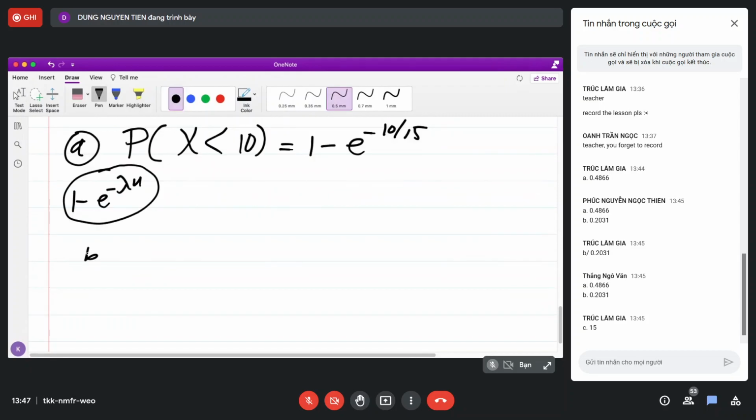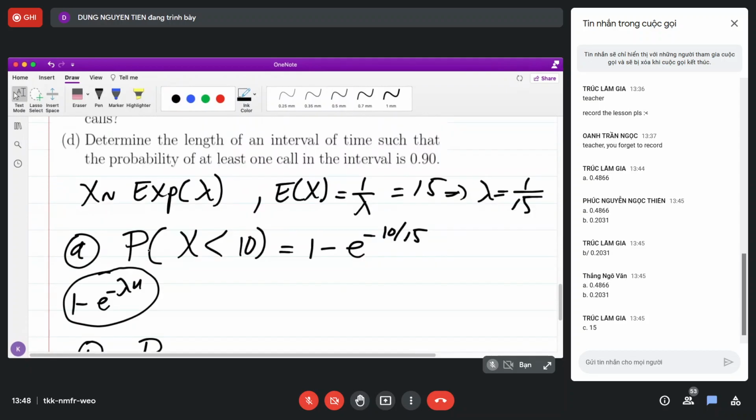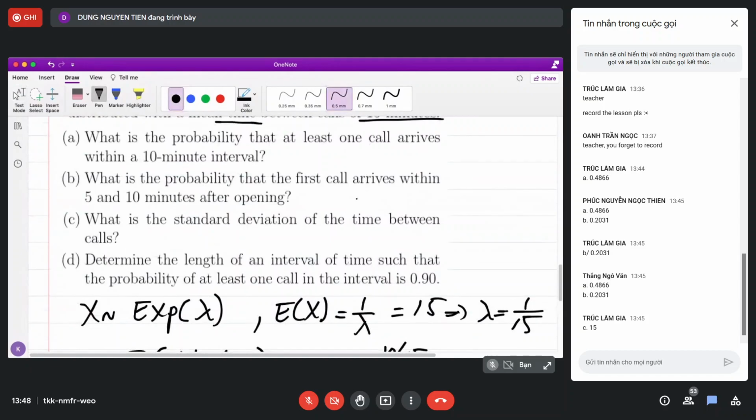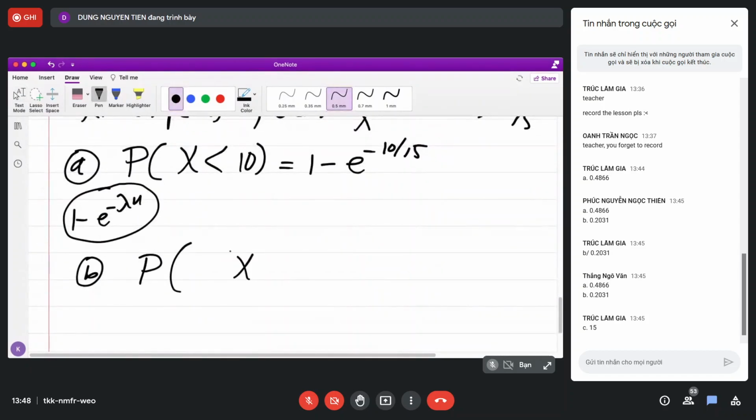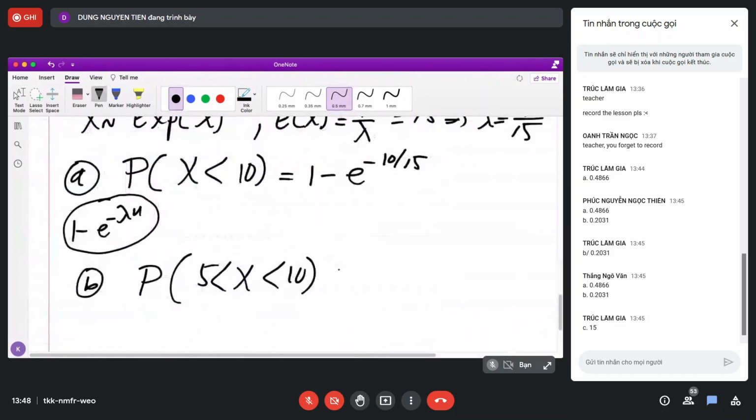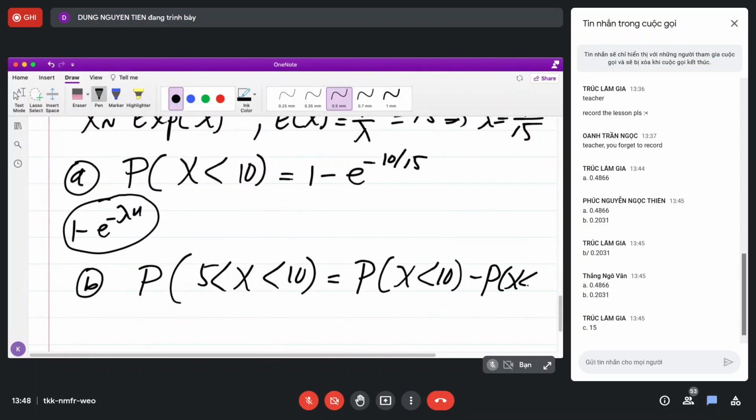Question B, you want to find the probability that the first call arrives within 5 and 10 minutes after opening. So x is between 5 and 10, correct? Okay, so you come up with the probability that x is less than 10 minus the probability that x is less than 5.